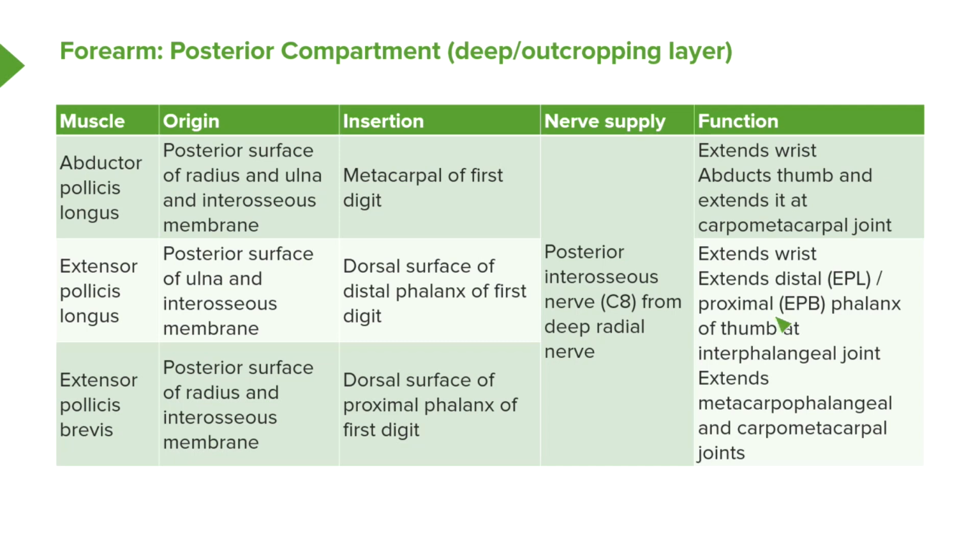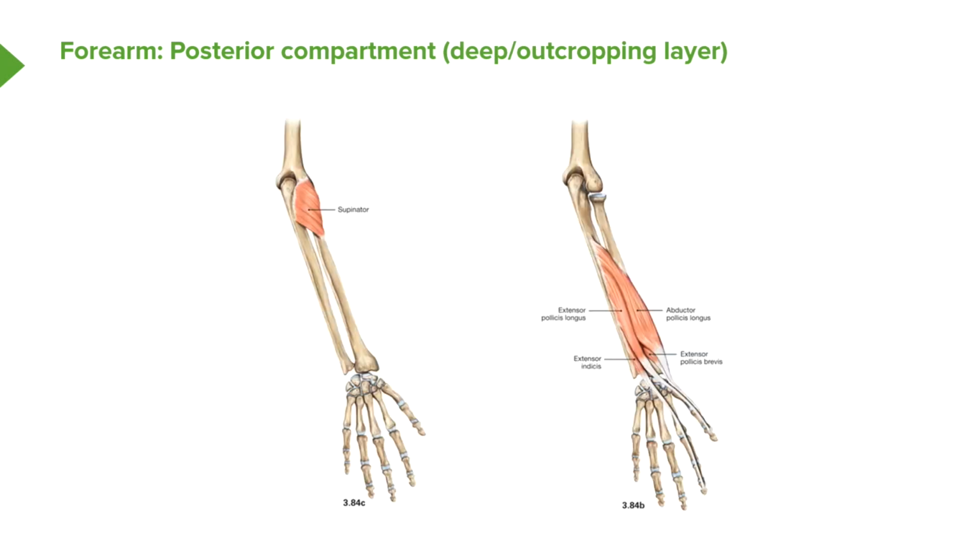Extensor pollicis longus and extensor pollicis brevis are going to work to extend the wrist, extend the distal and proximal phalanx of the thumb at the interphalangeal joints, and also extend the metacarpophalangeal and carpo-metacarpal joints. So we can see we have widespread function of these muscles.